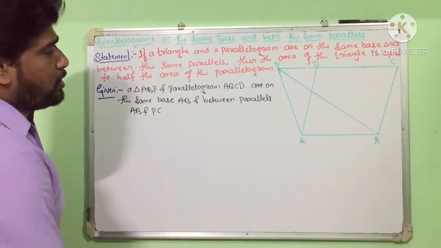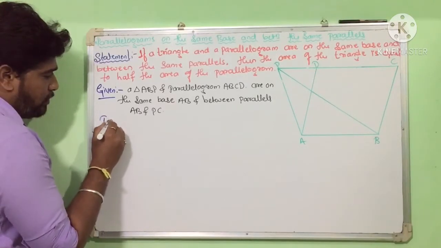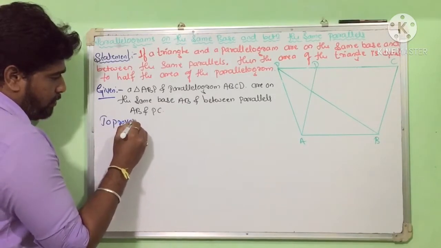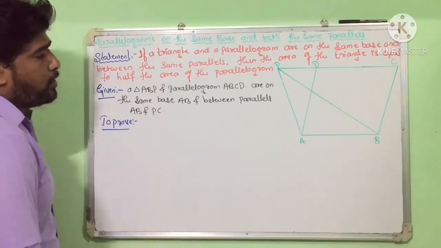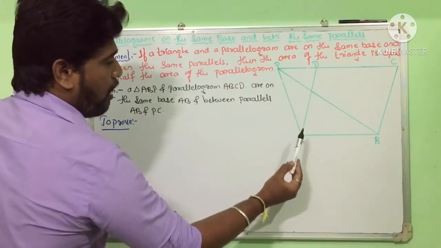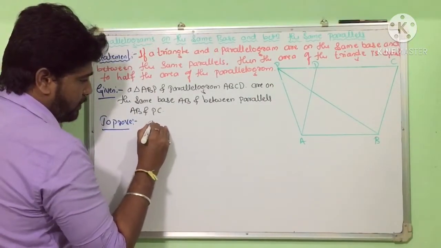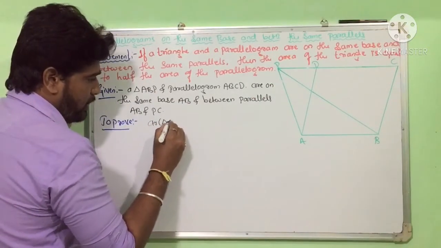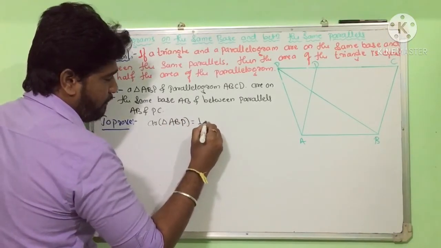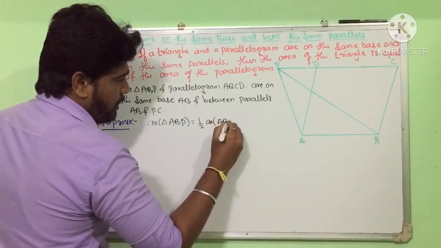Is it clear? So to prove, we want to prove area of triangle ABP is equal to half of area of ABCD, right? Area of triangle ABP is equal to half of area of ABCD.